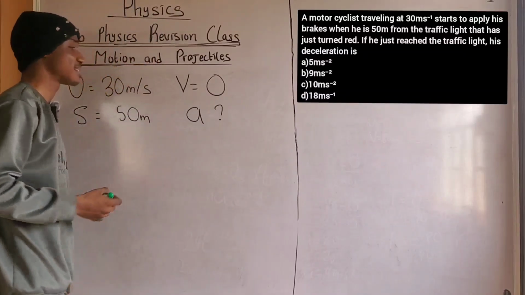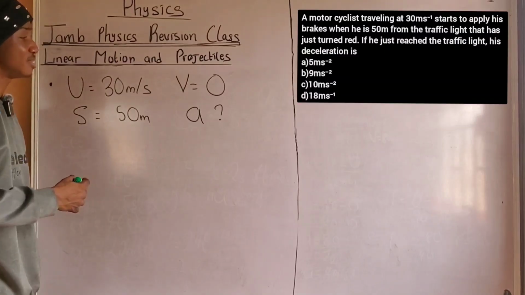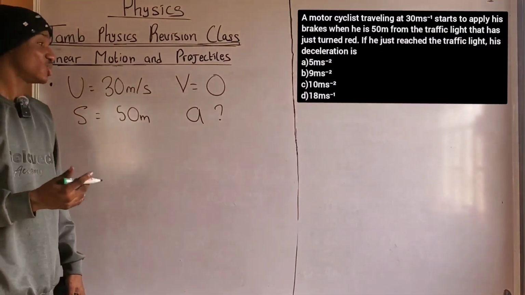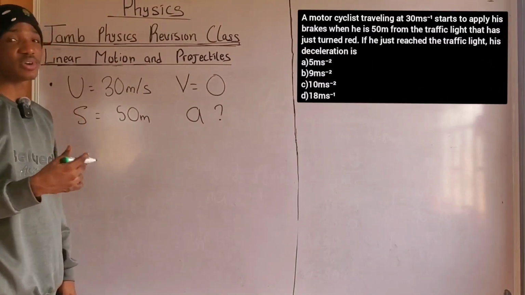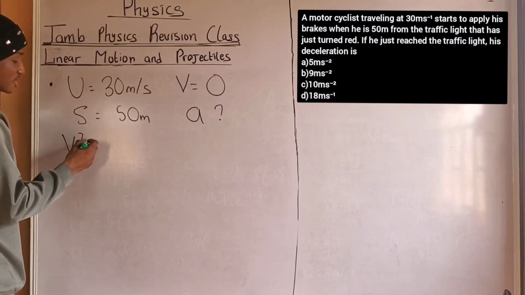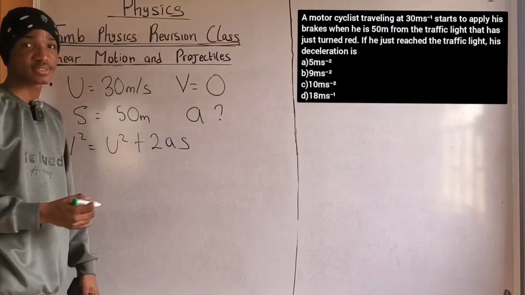Now, how can we get the acceleration based on the parameters that we are given? You can do this your own way, but just make sure that you know what you are doing. You can get the time, are you getting it, and make use of S equals ut plus 1 over 2 at squared. And you can also make use of this formula, v squared is equal to u squared plus 2as. Are you getting it?